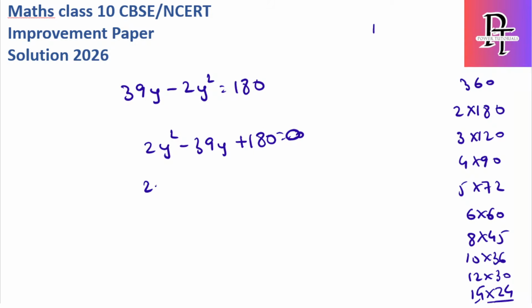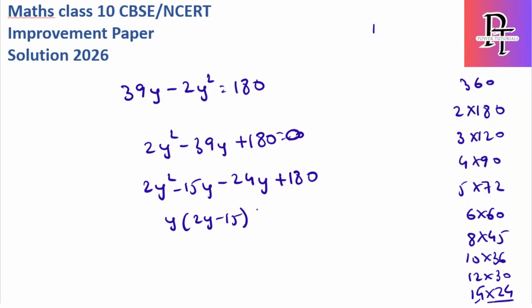So it will be 2y square minus 15y minus 24y plus 180. If I take y as common, I'll get 2y minus 15. The trick is, 2y minus 15 I need to write first, and then the remaining is minus 12.